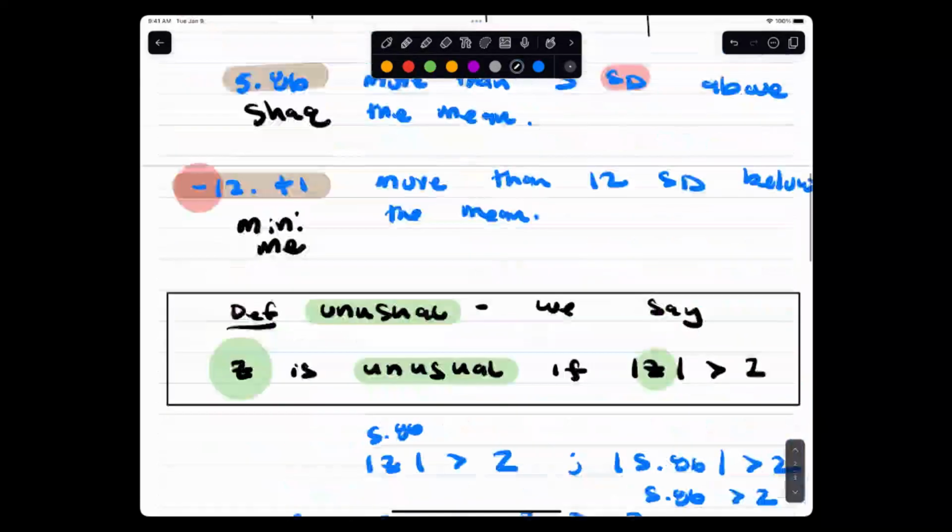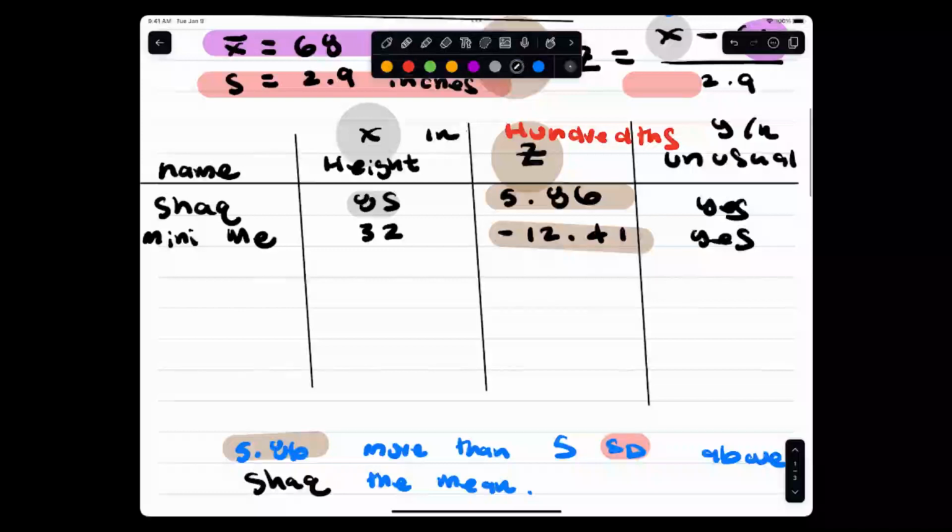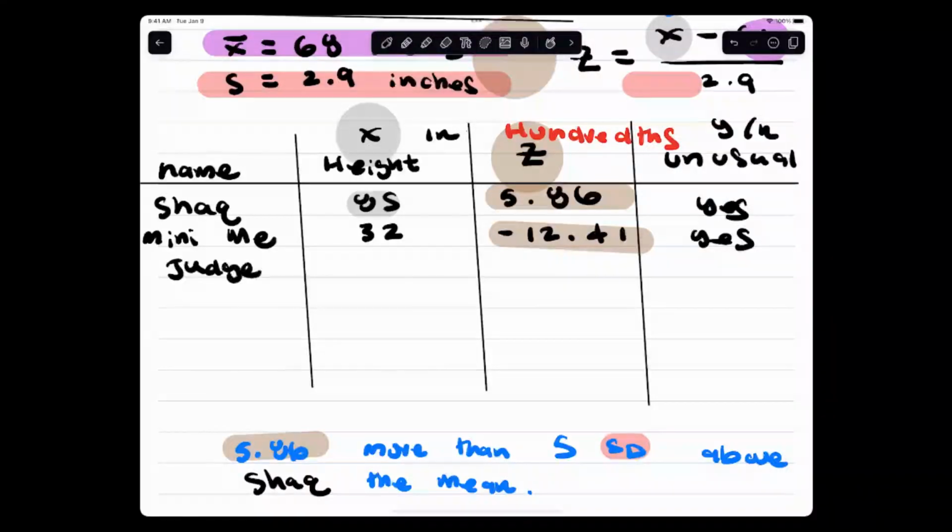Okay, now you say, Mr. Judge is 5'7". How many inches is 5'7"? 67 inches. 5 times 12 is 60 plus 7. Okay.